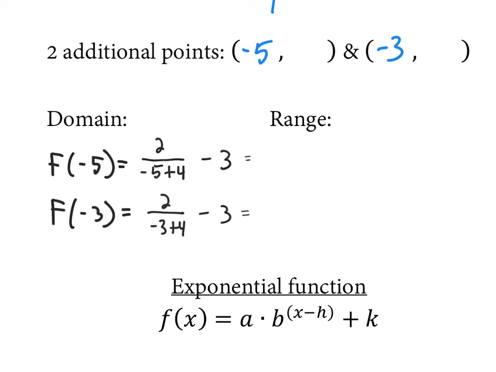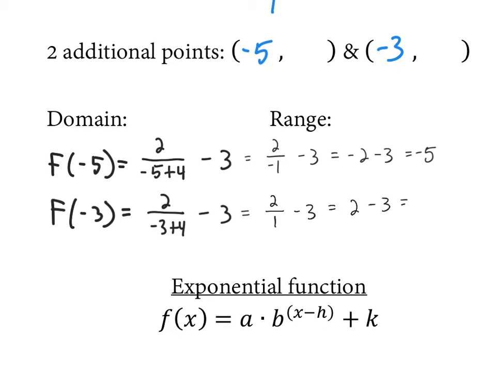Negative 5 plus 4 is negative 1. 2 divided by negative 1 is just negative 2. And then negative 2 minus 3 is negative 5. For the bottom one, negative 3 plus 4 is positive 1. 2 divided by 1 is 2.